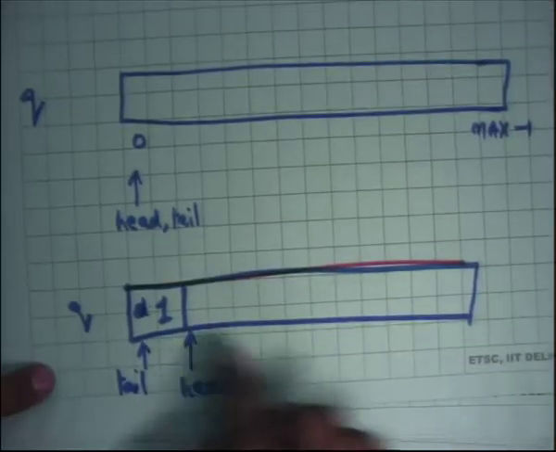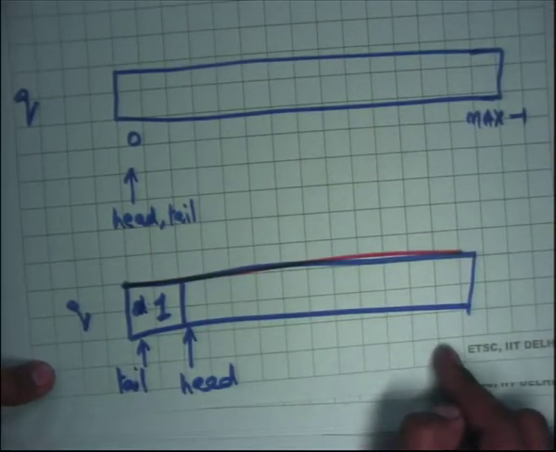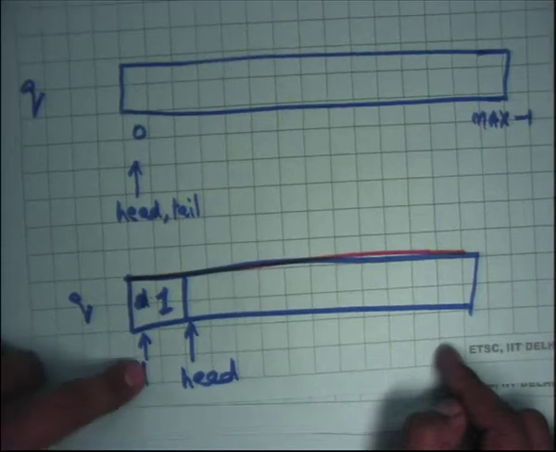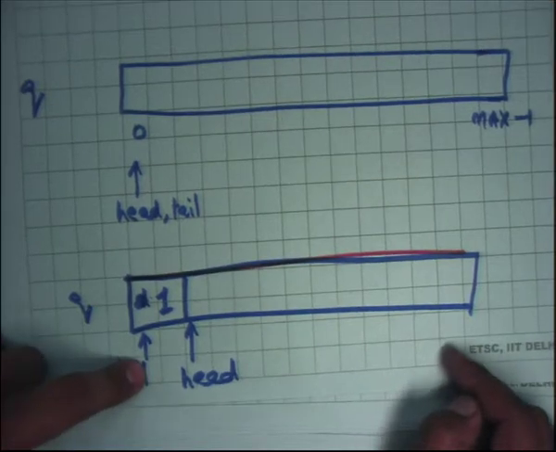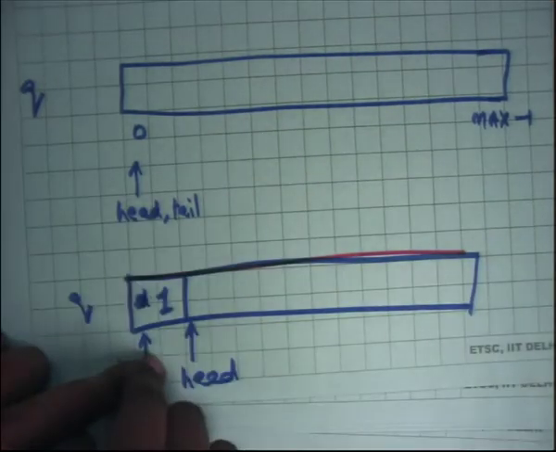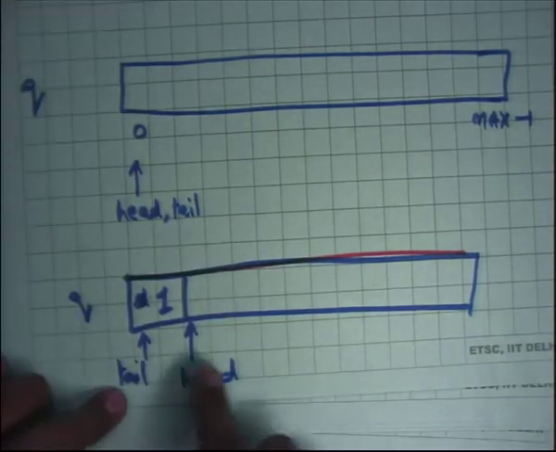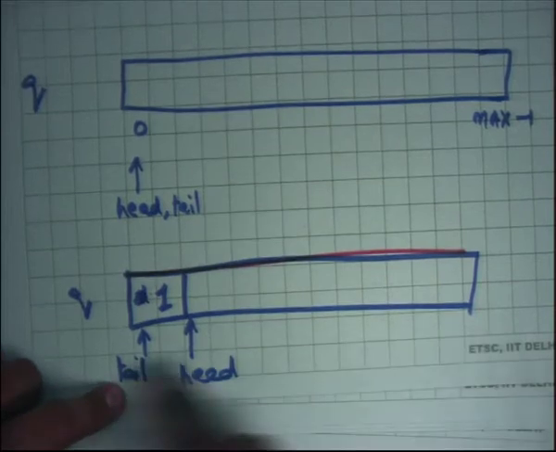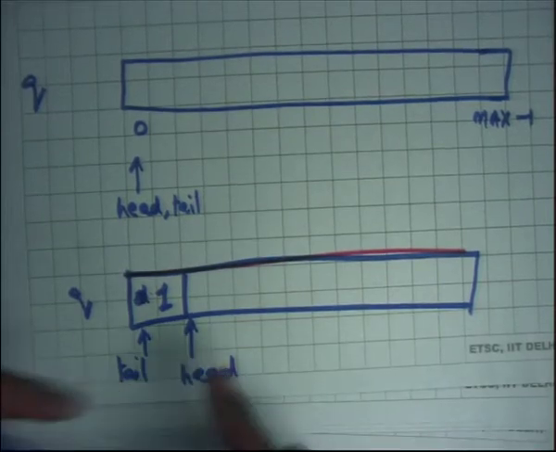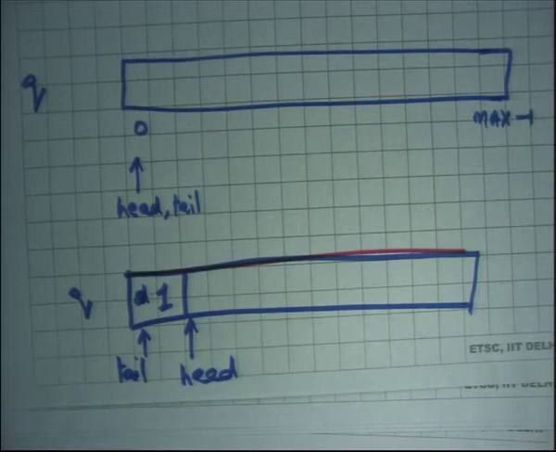Similarly, the producer can keep producing and the head will keep incrementing till head becomes equal to tail minus 1, in a circular way. So I just keep incrementing head, and the consumer may also increment tail, and the queue becomes full.